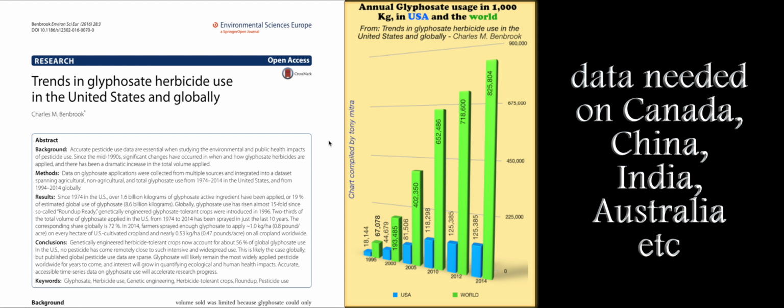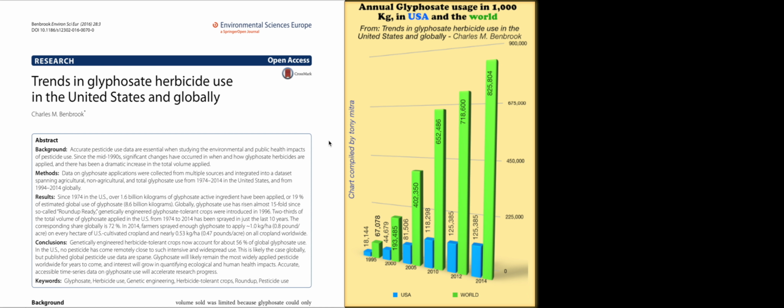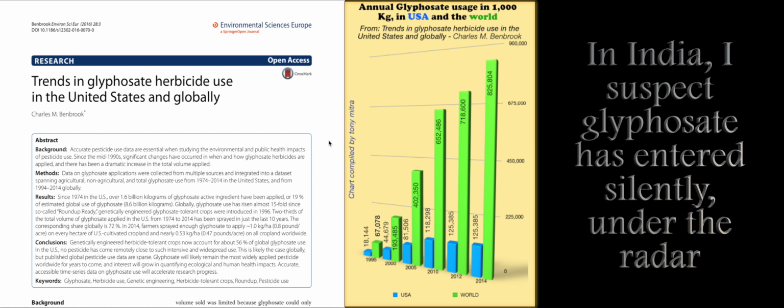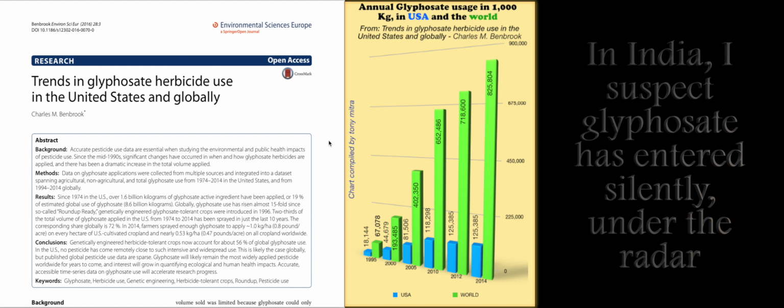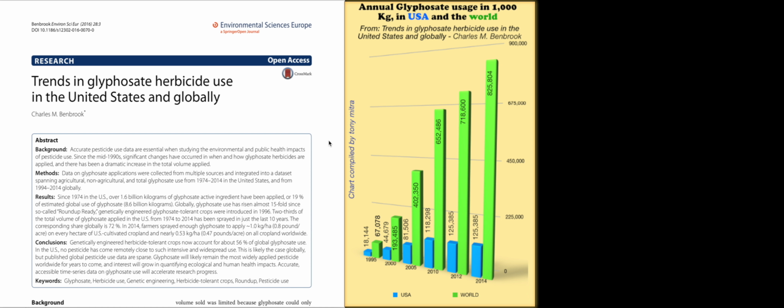And India, another large country with large population, where I suspect glyphosate has entered big time and under the radar. Many people are concerned about GMO, and rightfully so, but they have kept their eyes off the ball when it comes to glyphosate poisoning. So that's it for now, and thanks.